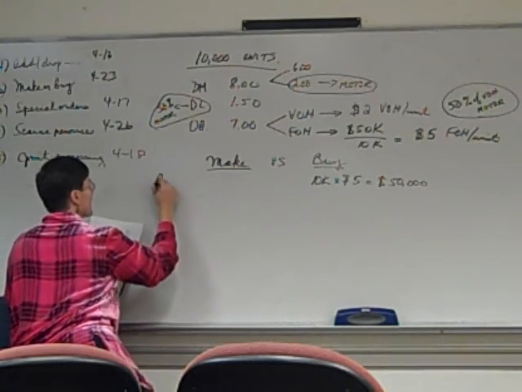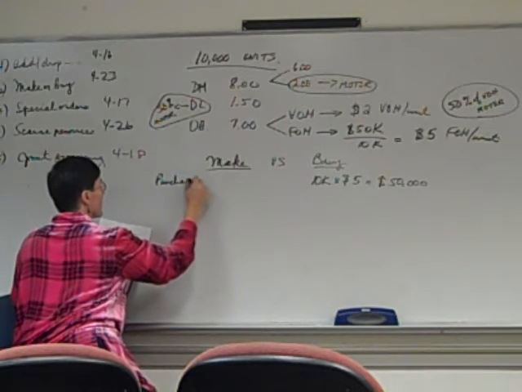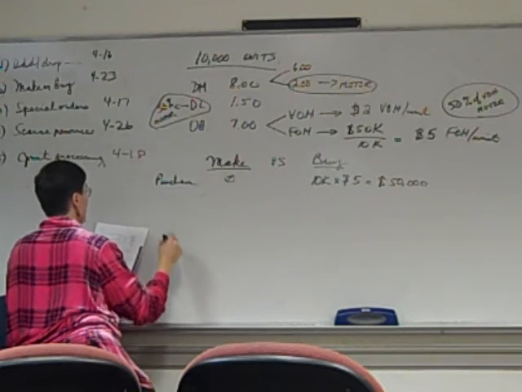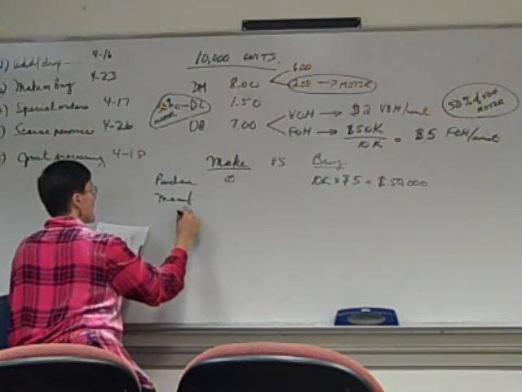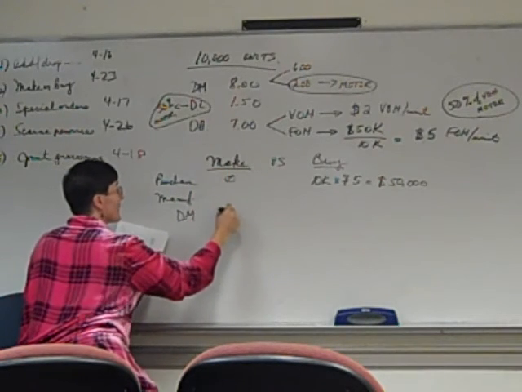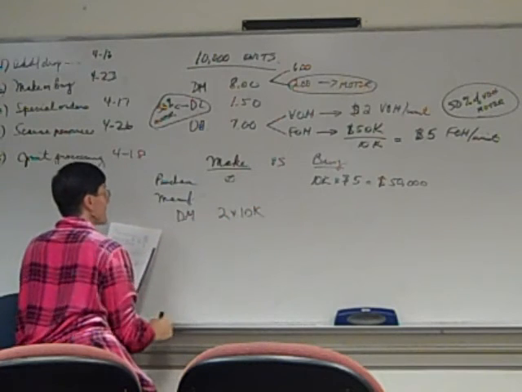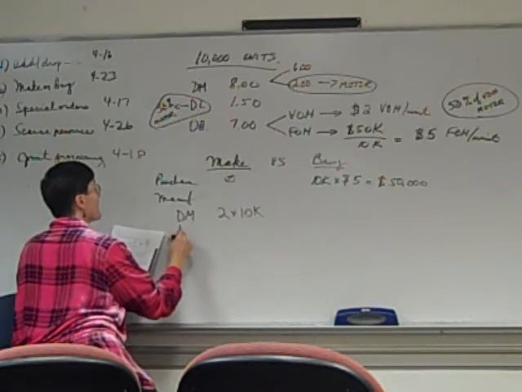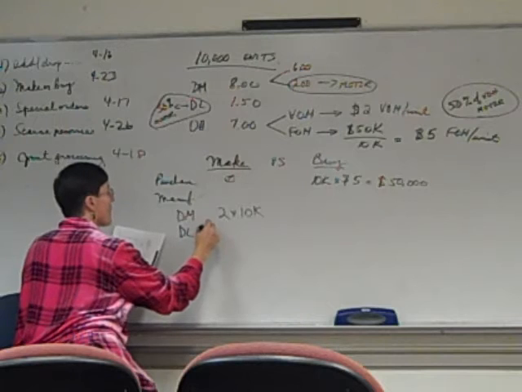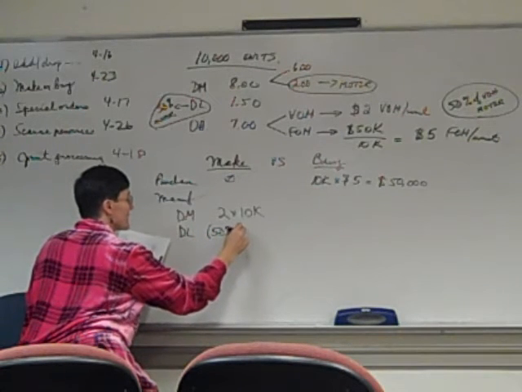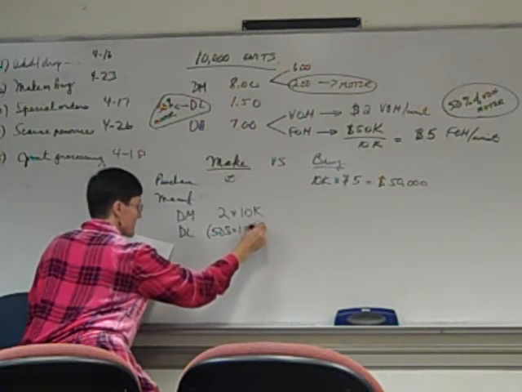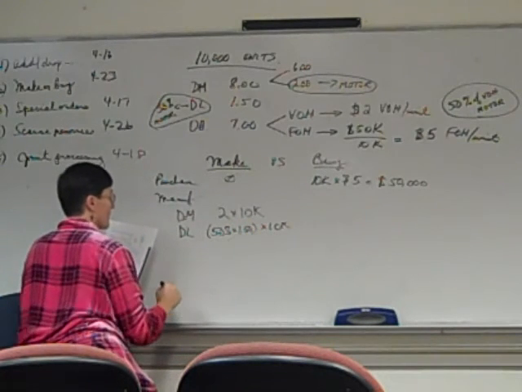Okay, so this was to purchase. We had 0. But if we are going to manufacture, we are going to have direct material of $2 times 10,000 units. We're going to have direct labor of 50% of $1.50 times 10,000 units.